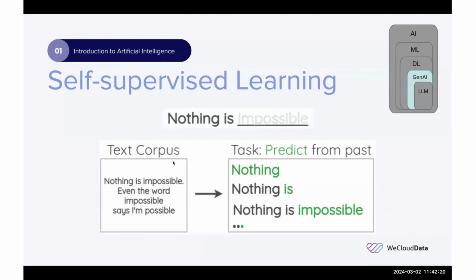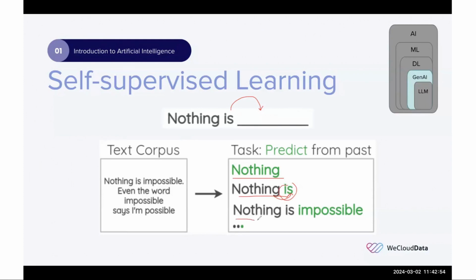The way we build this kind of training data is called self-supervised learning, because we can construct the training data automatically by just looking at the next word. When we build the training data set, first we start with "nothing," and then there's "nothing is."